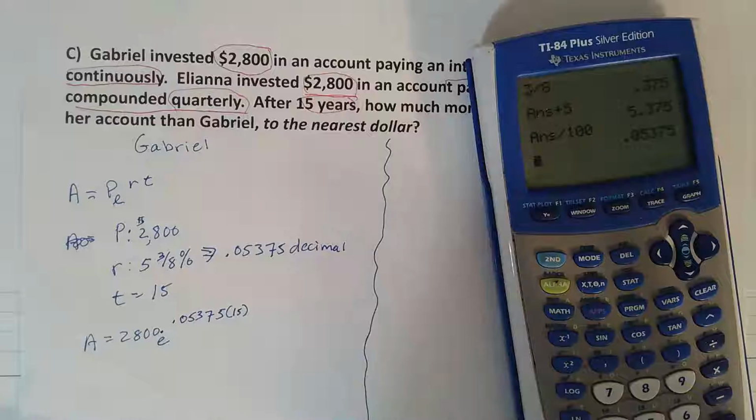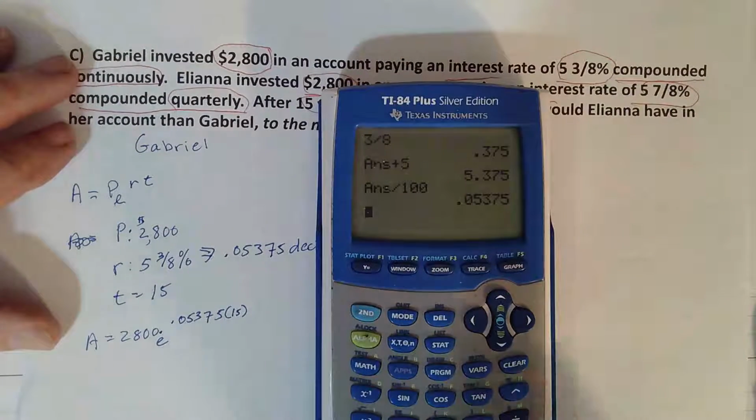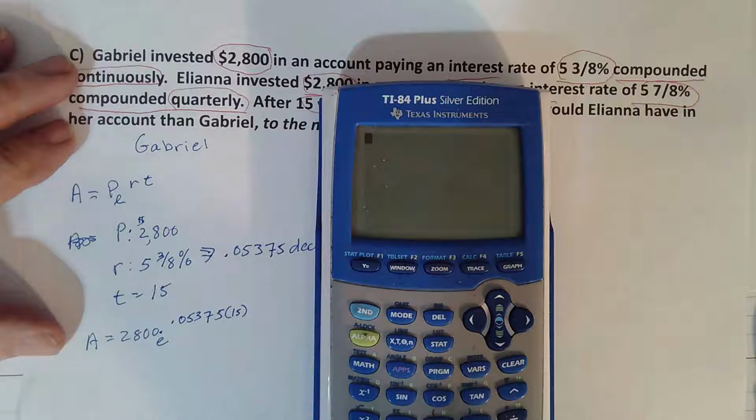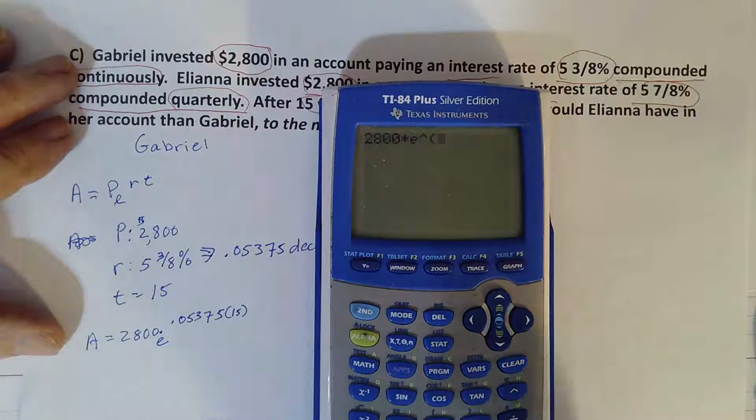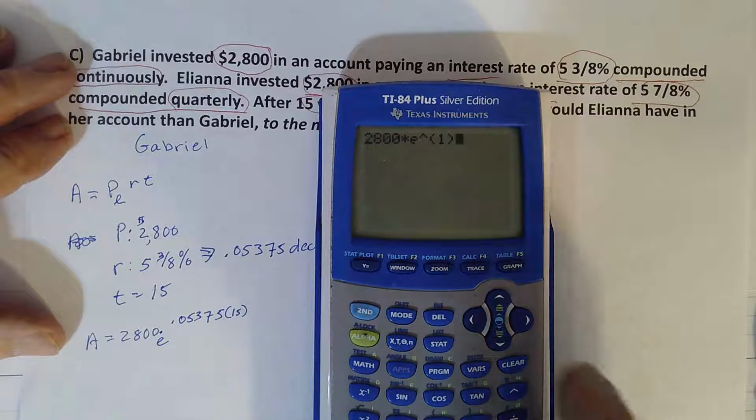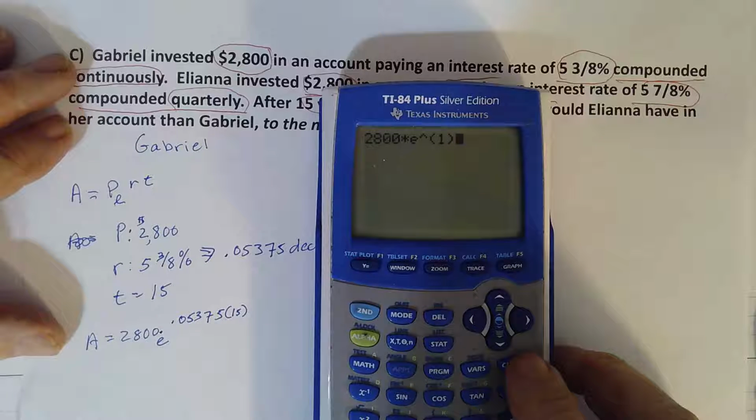All right, so let's put this into the calculator. So I've got A equals 2,800. Then I want to multiply that times E. So I go to second, I click the E, and then I put in the 1, and I close that. Oh, I take that back. I want to do it to the 0.05375 times 15. So let's do that again.